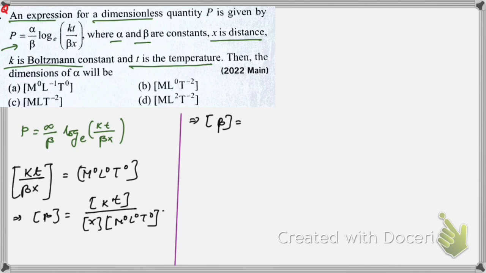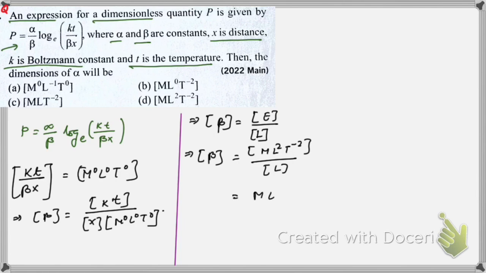Here kt is nothing but energy, I have already told you, and x is distance, so we use the dimension of length, that is L. The dimensional formula of energy is M L square T to the power minus 2, divided by L. So it gives you M L to the power 1, that is simply L, T to the power minus 2.